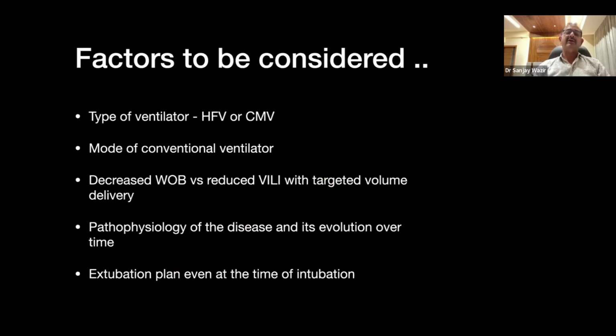So when we look at a ventilator, we need to look at what type of ventilator it is, whether it is high frequency ventilation or conventional ventilation, and what mode of conventional ventilation you need to use, and how you decrease the work of breathing and reduce ventilator induced lung injury with a targeted volume strategy.